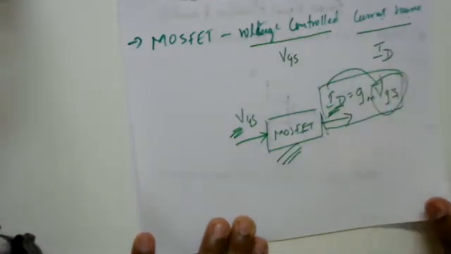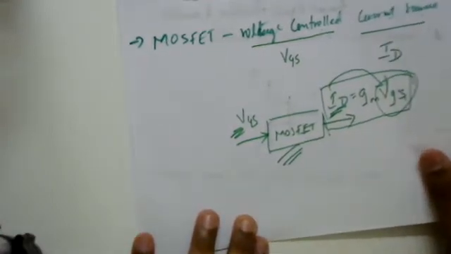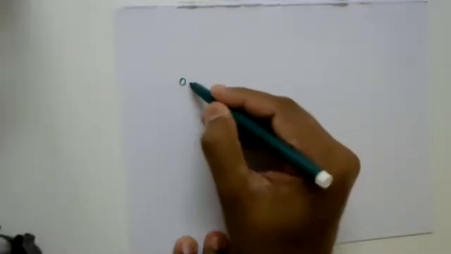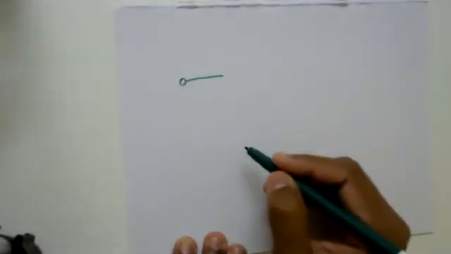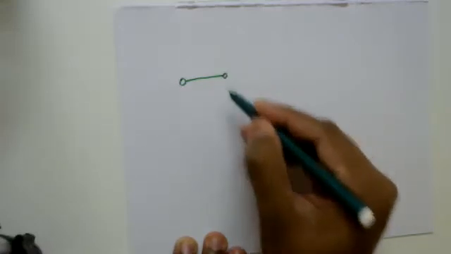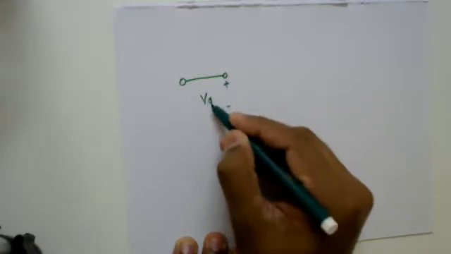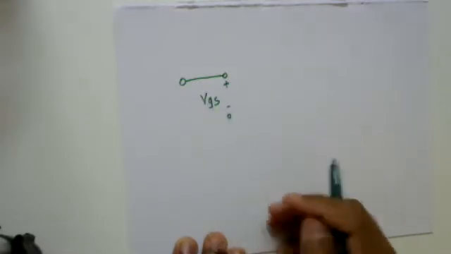Now, if I want to build the model based upon this interaction, I can simply draw the circuit like this. If I have a signal on my input port, let me say this is the gate terminal, between the terminals is VGS, the input voltage I'm going to apply.